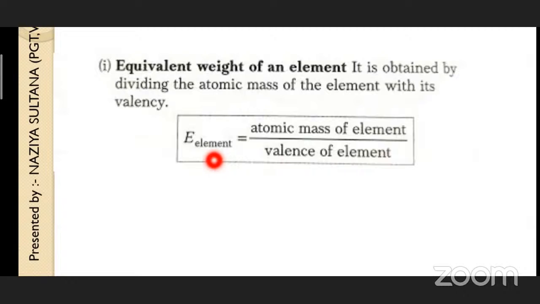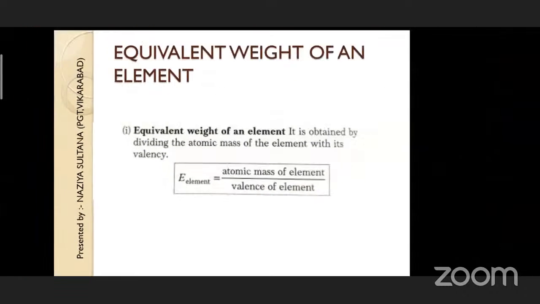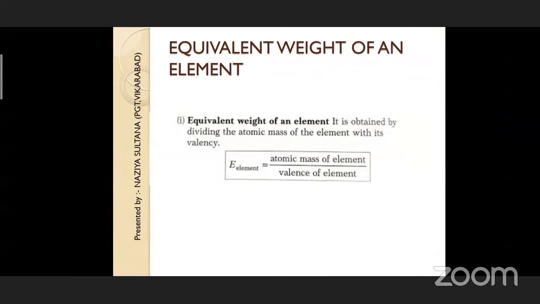Coming to the third A group element, aluminium, the equivalent weight is atomic weight of aluminium by valency of aluminium. Atomic weight of aluminium is 27, and because the valency of aluminium is 3, the equivalent weight is 27 by 3, that is 9. So this is about the equivalent weight of an element.